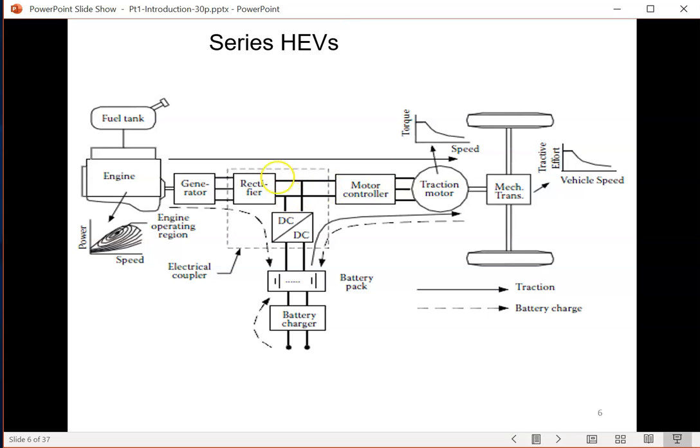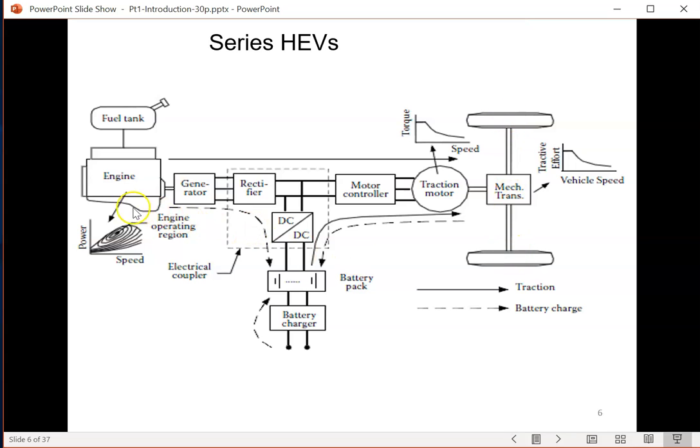That converts the DC voltage into either AC voltage or DC at different levels to drive the electric motor. Typically, we call that the traction motor. And the output is then connected to some kind of mechanical transmission, and that in turn drives the wheels.